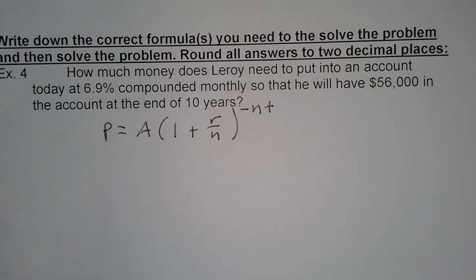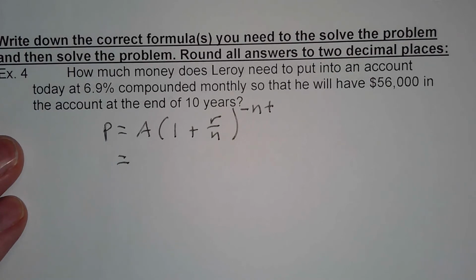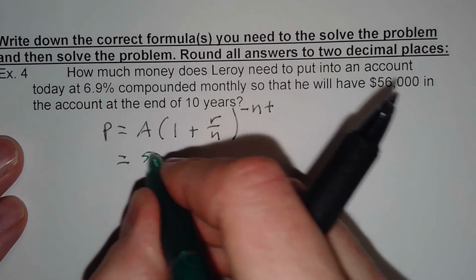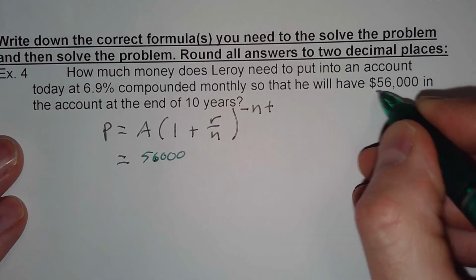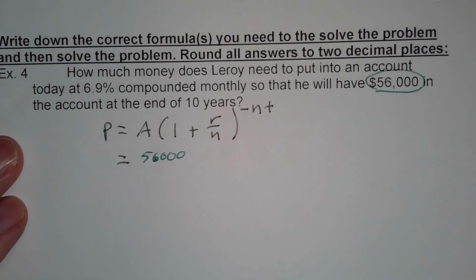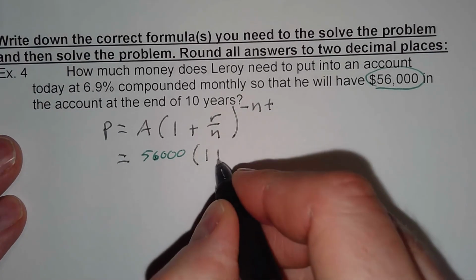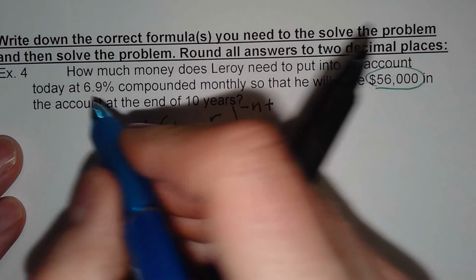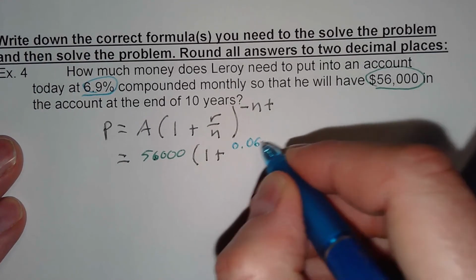So if we look at our problem, we got 56,000, that's our A value. Our R value, 6.9%, so that'd be 0.069.